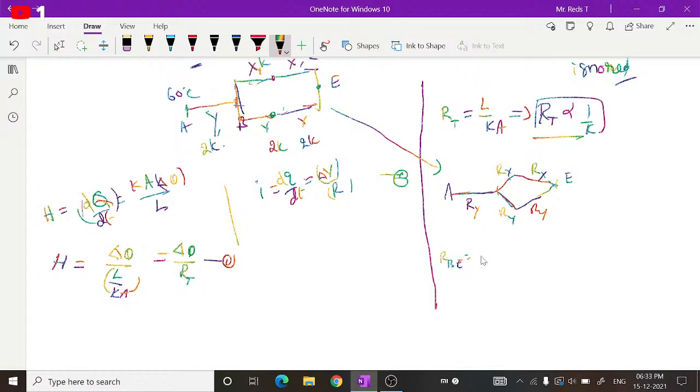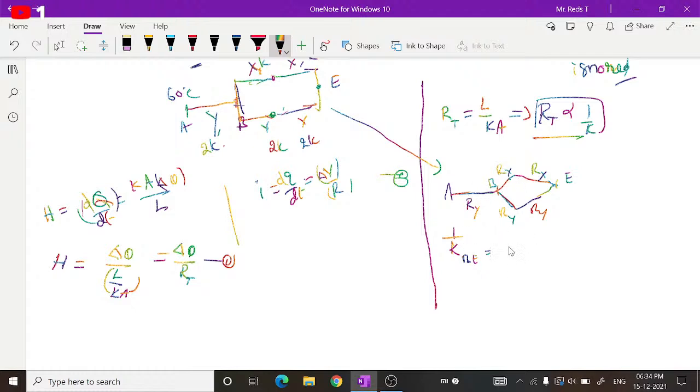We have to take thermal resistance between B and E in terms of what they have given, in terms of k and a. Finally they have given the values. Let us consider the effective thermal conductivity between B and E. Actually they will be in parallel to one another.